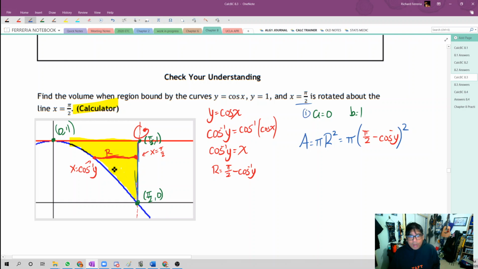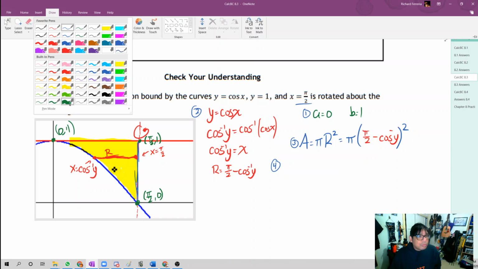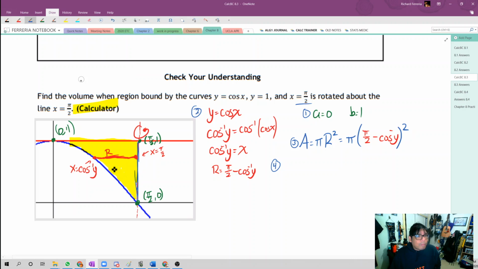This was step 1, this was step 2, this was step 3, and now our step 4 is just to integrate. Let's use a different color. Let's use purple. We are going to integrate from a to b the area formula in terms of y, dy. Our lower limit is 0 and our upper limit is 1.